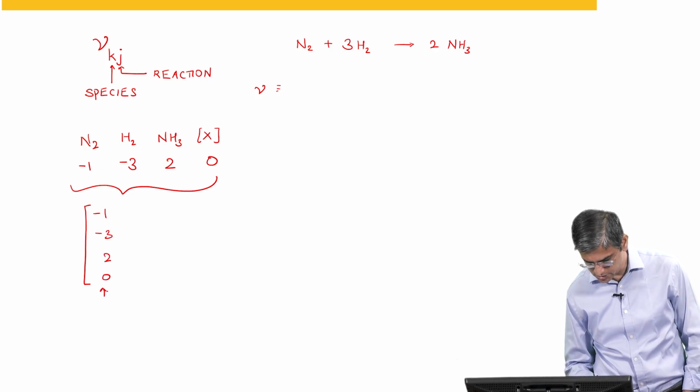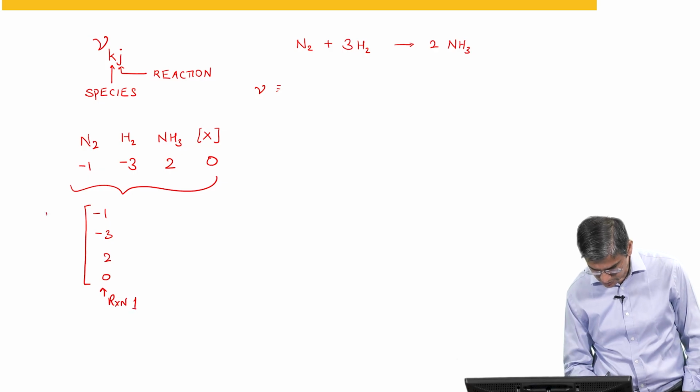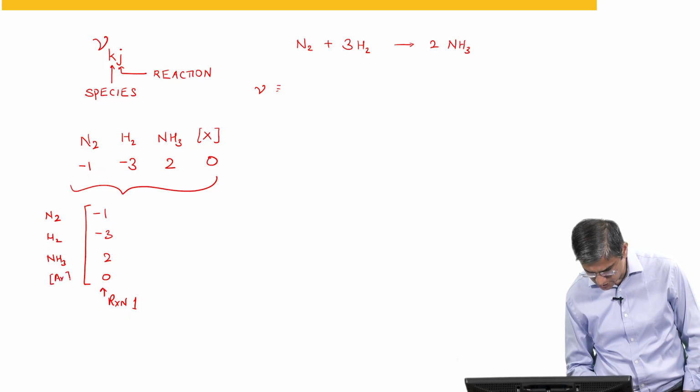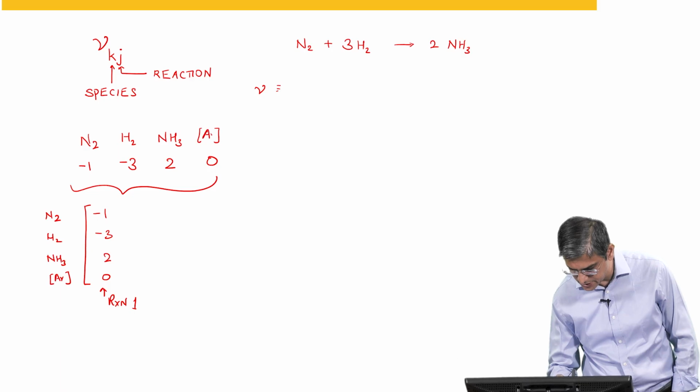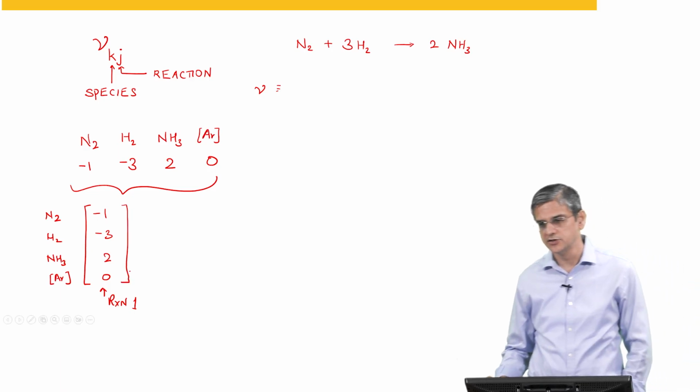This is reaction 1, and these are the species N2, H2, NH3 and your diluent, and let us just put it as argon. For example, in the reactions that we do in our lab, we will use argon or helium as the diluent.